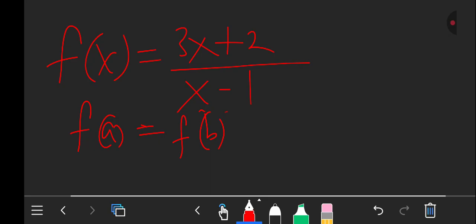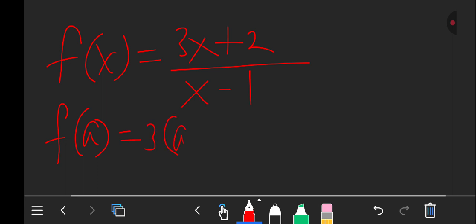So if we substitute, what are we going to get? We're going to say f of a will be equal to 3, where there is x, we substitute a, plus 2, where there is x, we substitute a, minus 1. And this must be equal to f of b.